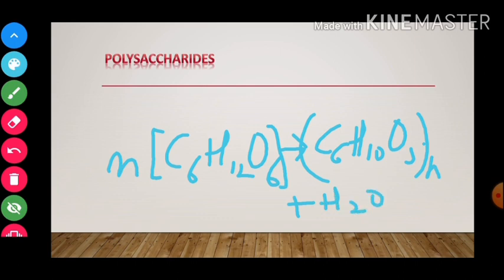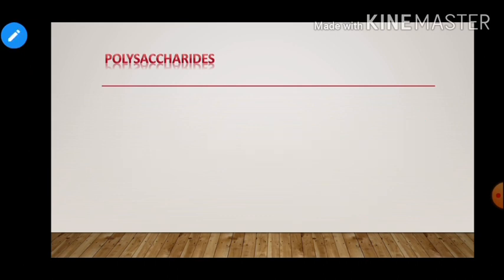So whenever there is a glycosidic linkage, it is with a loss of water each time there is addition of a monosaccharide molecule, right?